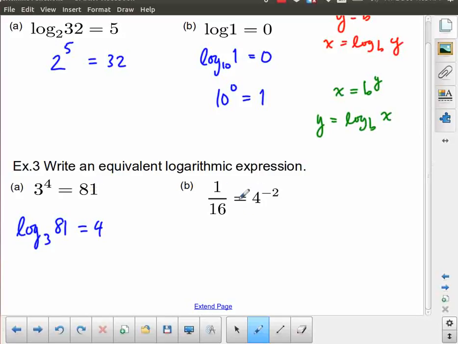1 over 16 equals 4 to the negative 2. So on this time on the right side, I've got 4 to the negative 2. So this is log base 4 to the negative 2. So my y value is negative 2, so that's going to go over here. Log to the base 4 of 1 over 16. And for any of these, if you prefer, you can always write that with a bracket.